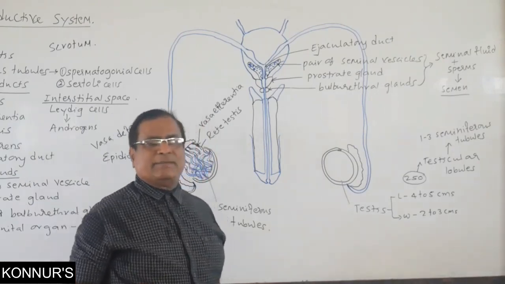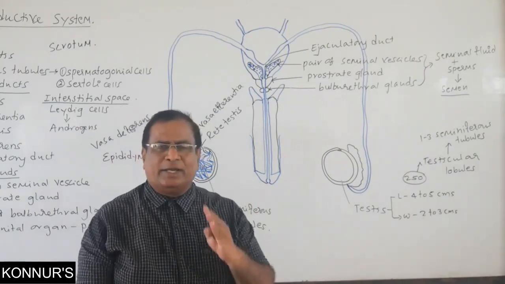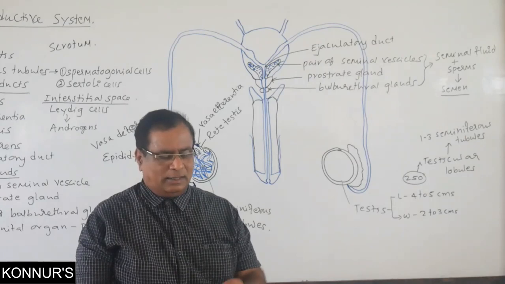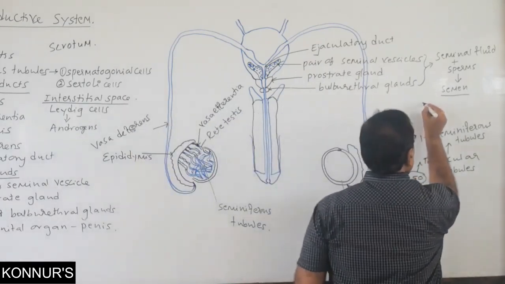And this semen, during sexual intercourse, once the semen comes out, is around 3 ml.